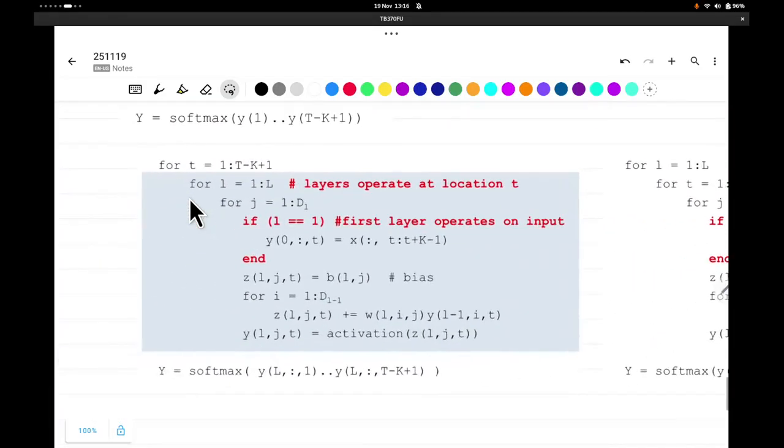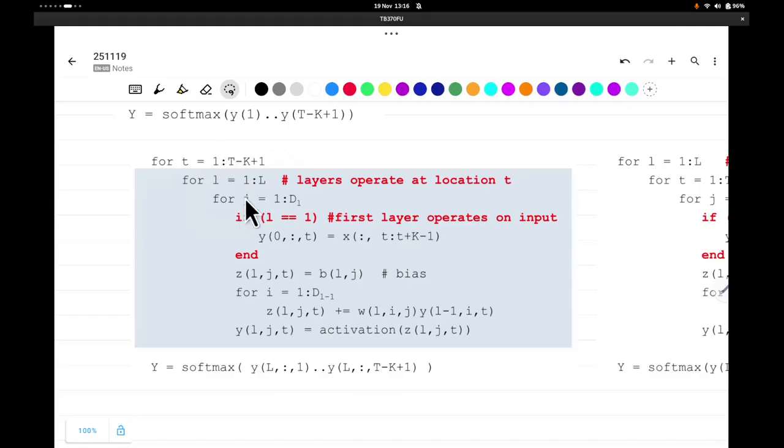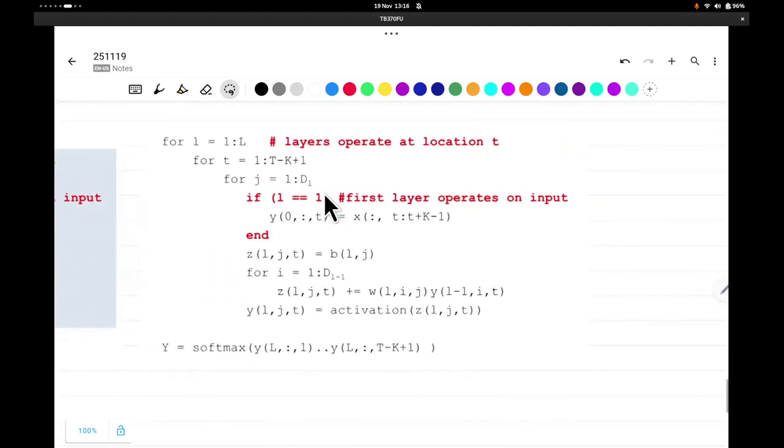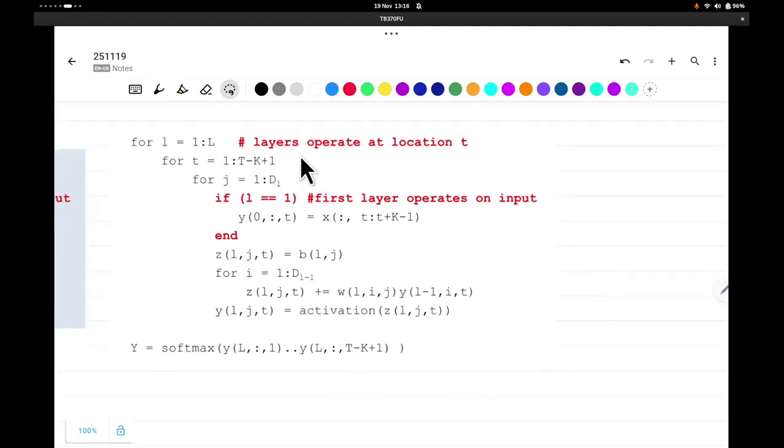But from the pseudocode, we can also notice that these two loops can be exchanged because nothing happens in between the first and the second, right? So from a computational point of view, very little changes.